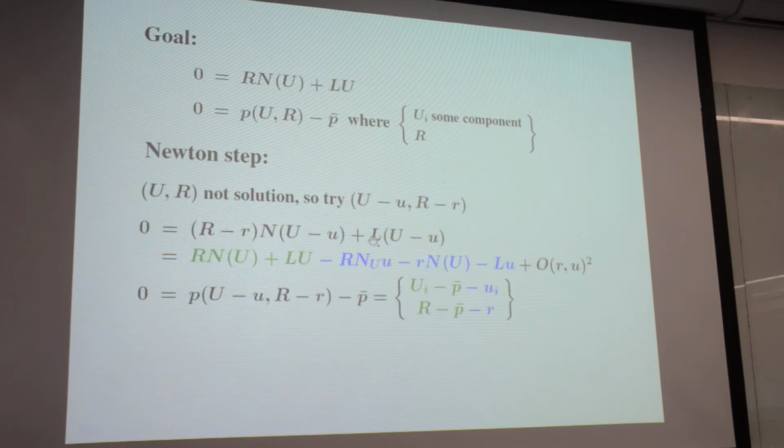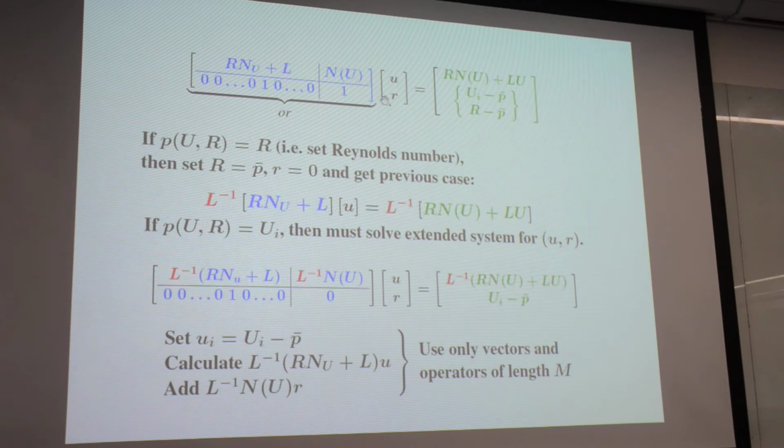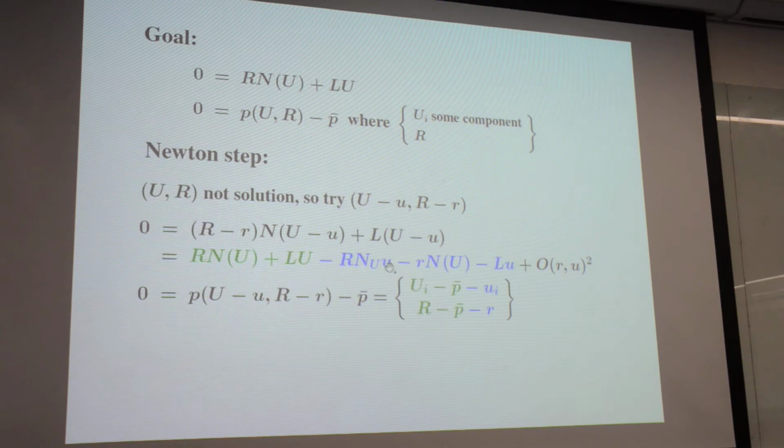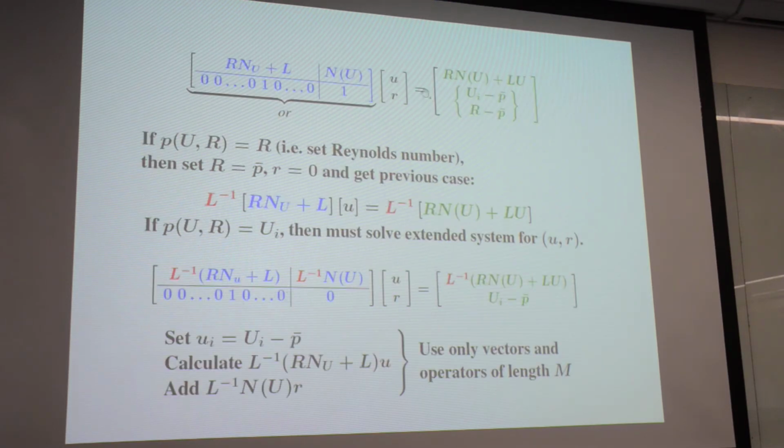The little r multiplies big N of U. This is the matrix statement of this equation here, where little r has been added to little u at the bottom of the vector. So our vector is now no longer of length 1 million, but 1,000,001. And we have here a million equations, and this is one more equation. So this is of length 1 million, and this is 1. And this is a block that's 1 million by 1 million, this is a block that's 1 million by 1, this is a block that's 1 by 1 million, and this is a block that's 1 by 1.